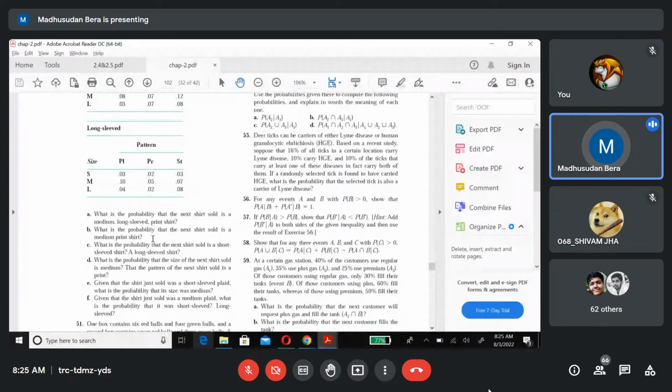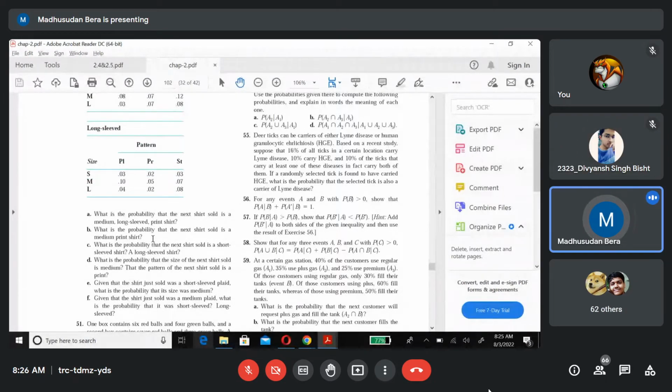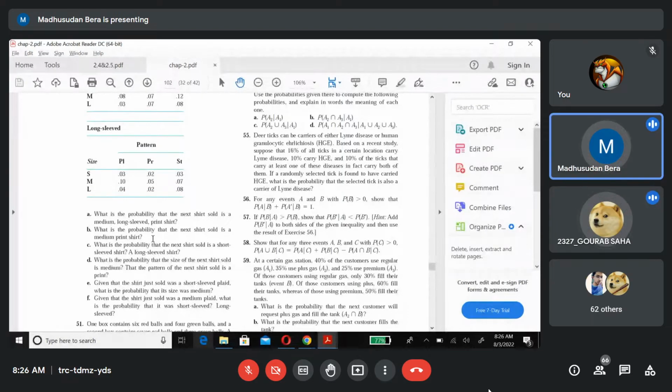The next two are related to conditional probability. Given that the shirt just sold was a short-sleeved plaid, what is the probability that its size was medium?